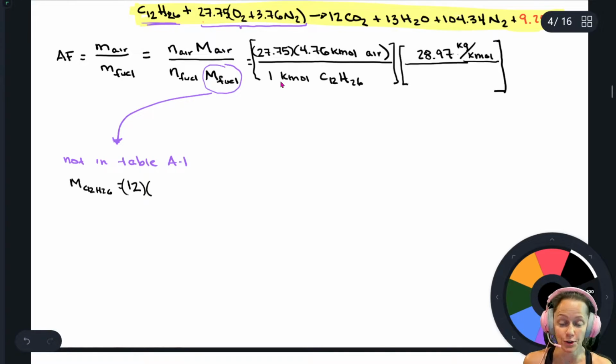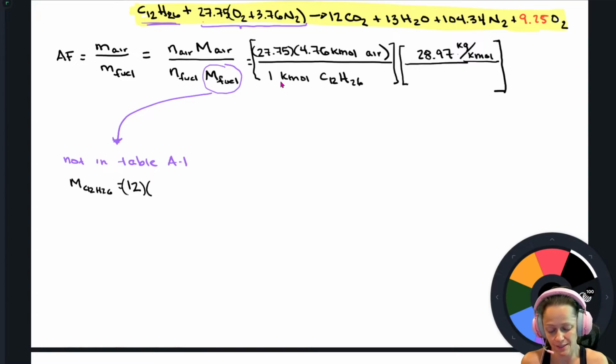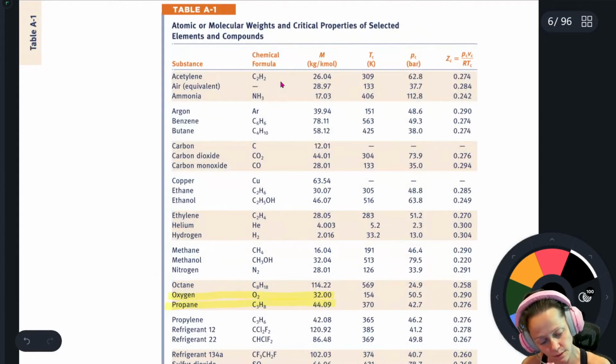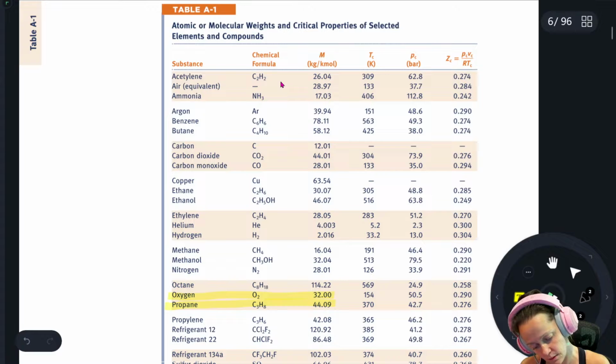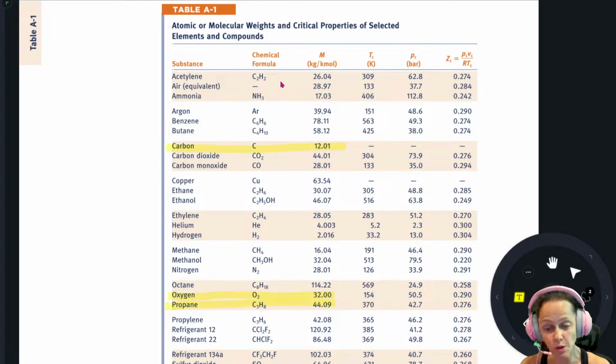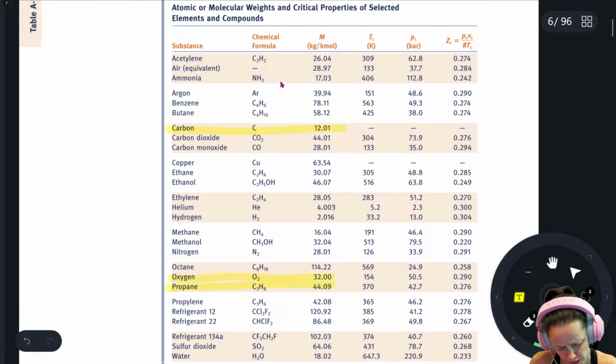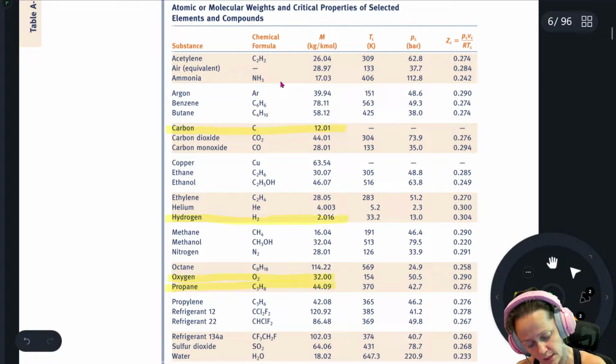and our molar mass of carbon is 12.01. So there's our carbon, and where's our hydrogen? Oh, I see it. Of course, it's H2, so really one hydrogen would be 1.008.